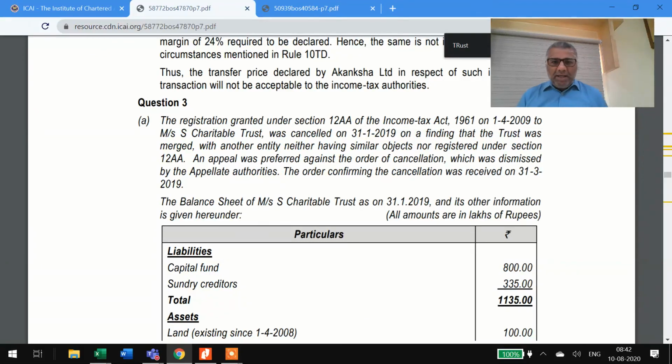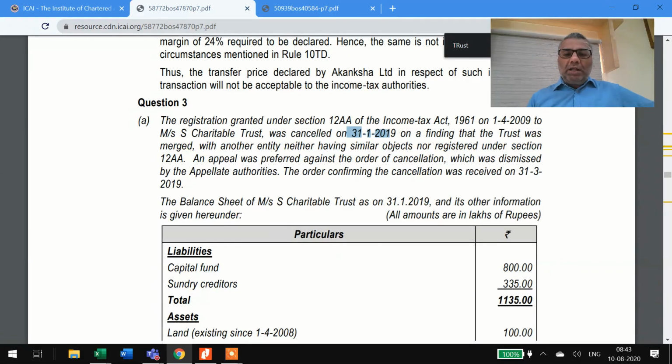The registration granted under Section 12AA on 1/4/2009 to Messrs. Yes Charitable Trust was cancelled in this current year, on a finding that the trust was merged with another entity neither having similar object nor registered under 12AA. An appeal was preferred against the order of cancellation, which was dismissed.